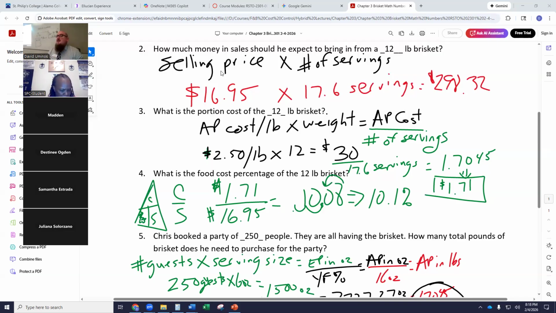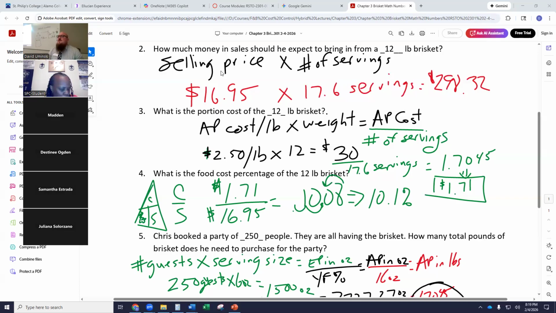So that means when I sell all of my servings from my brisket, I should have $298.32 in my register. When you do the math for your homework, I have done the math for the whole number and the decimal number. So no matter which option you choose, like I said, stick with that option, and then it should still count your answers correct. Okay.